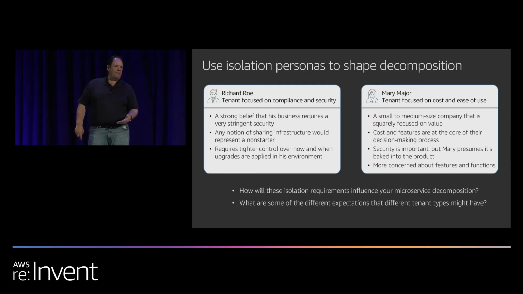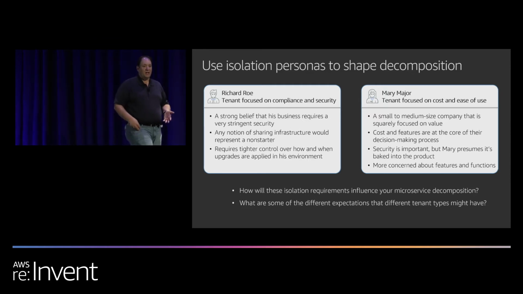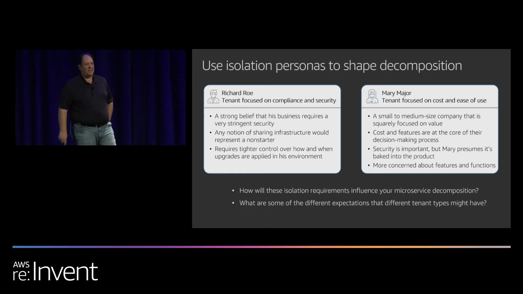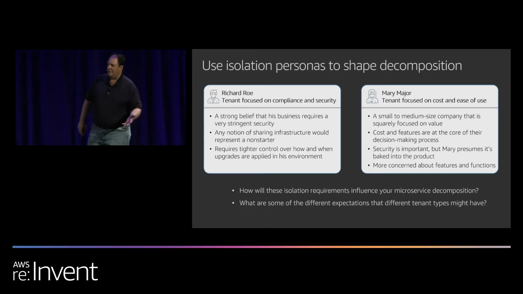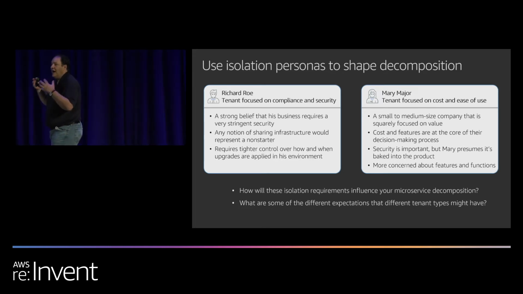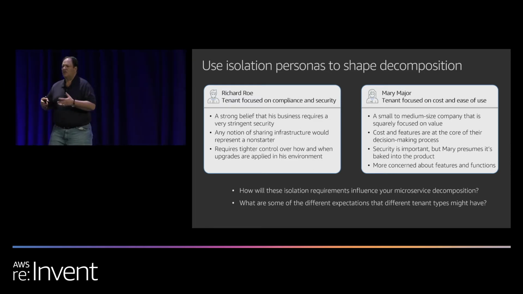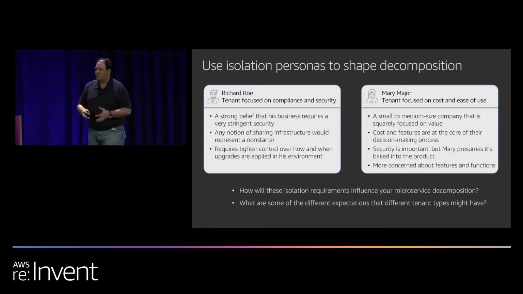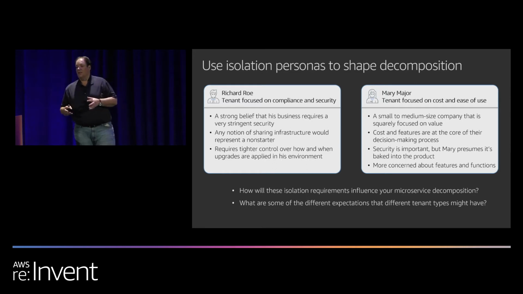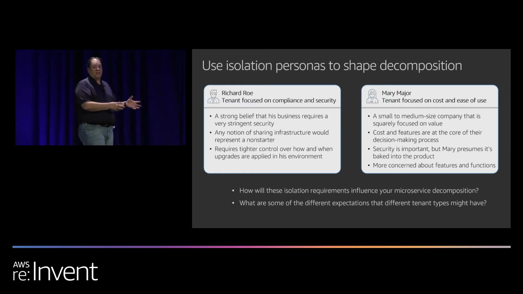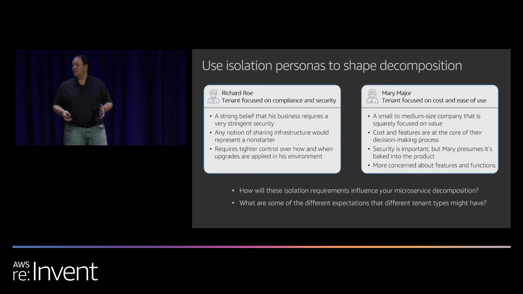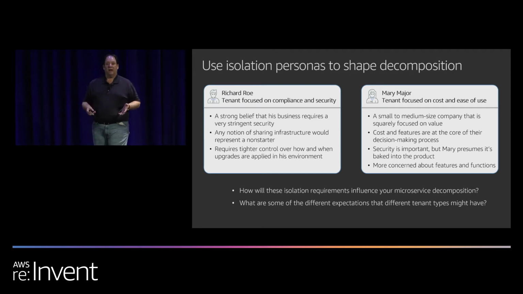I've got 2 examples here that I provided as extremes that could both be valid for a single product. On the left is the example of some highly compliant, maybe enterprise SaaS-y kind of customer that is all about isolation. They won't buy your system if you won't guarantee them isolation. They've got all these worries and concerns, and the only way to close the deal with them is to give them some sense that some or all of the system is isolated in ways that will meet their compliance needs.